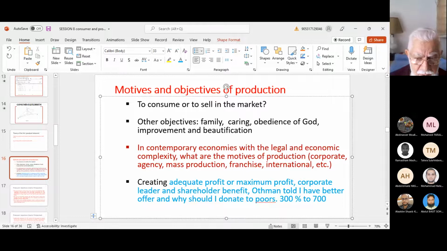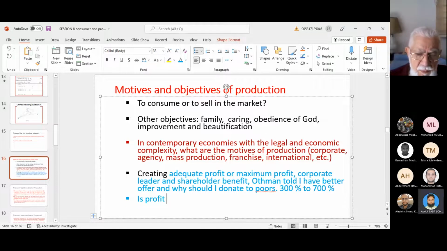But I have a question I want to ask you all, and I want your thoughts about it. Is profit maximization in violation of the objectives of Sharia or of the moral values of Sharia?